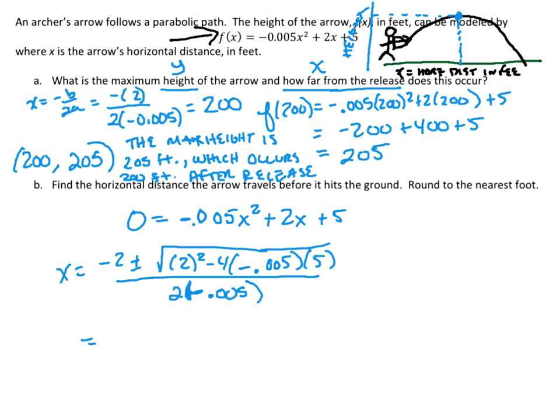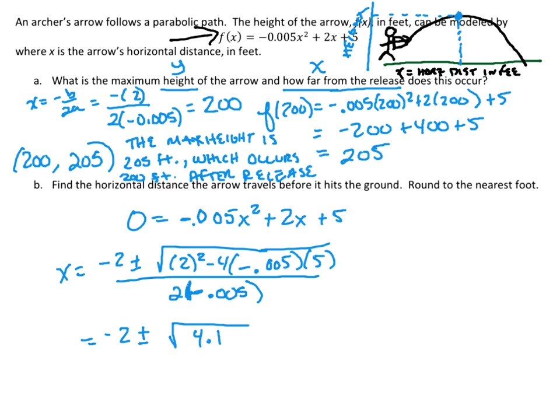And that equals negative 2 plus or minus the square root of 4 times 0.005 times 5 is 0.01, so 4 plus 0.1, so 4.1.